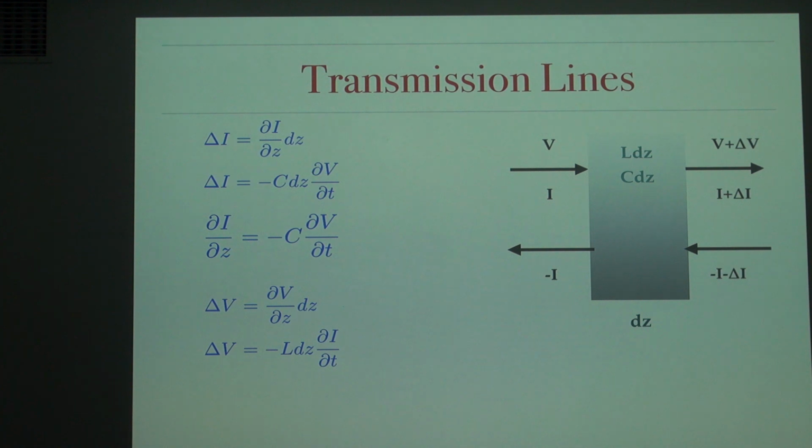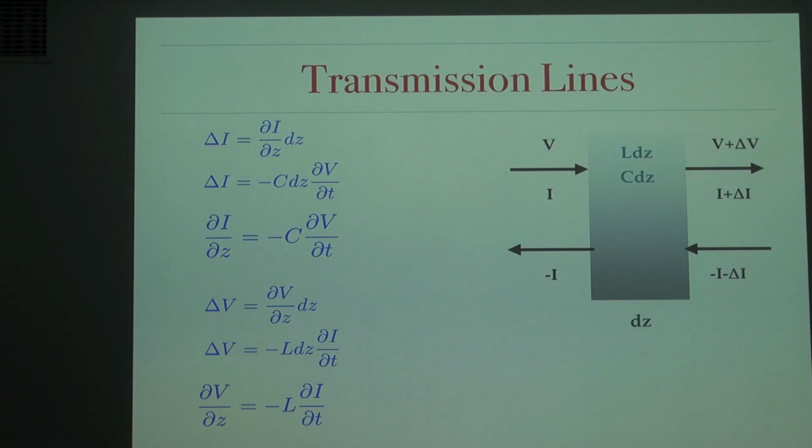So I have this other equation that the derivative of the voltage with respect to z is proportional to the impedance times the time derivative of the current. So I have two equations, the derivative of the current with respect to z, and the derivative of the voltage. And that is now a pretty trivial operation. Let's take the first equation.